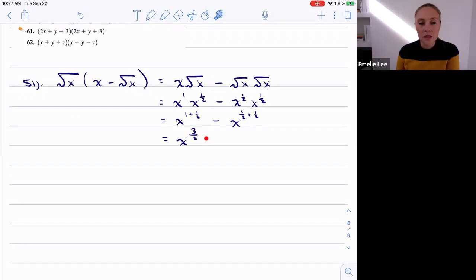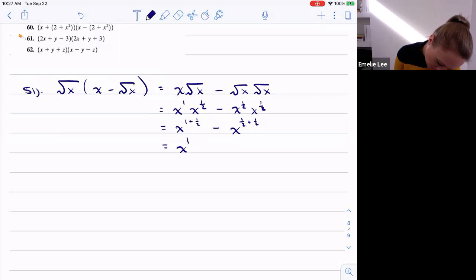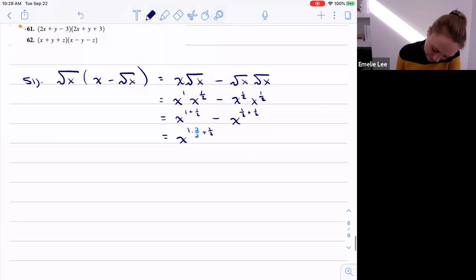Skipped some steps here, right? What am I doing? I'm adding fractions, so I need to have a common denominator. Okay, actually, you know what? I shouldn't do that, not yet. I will be later. But for now, I've got 1, and then just to show what I'm doing, times 2/2 plus 1/2.